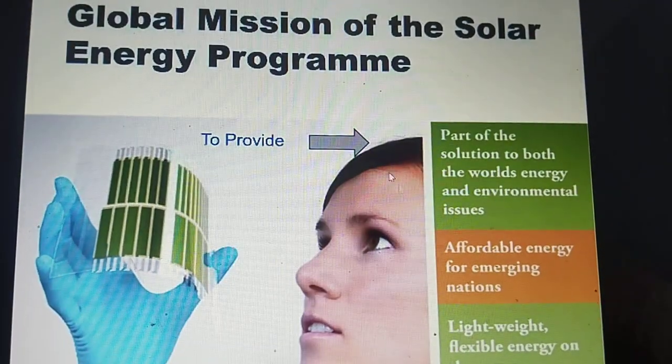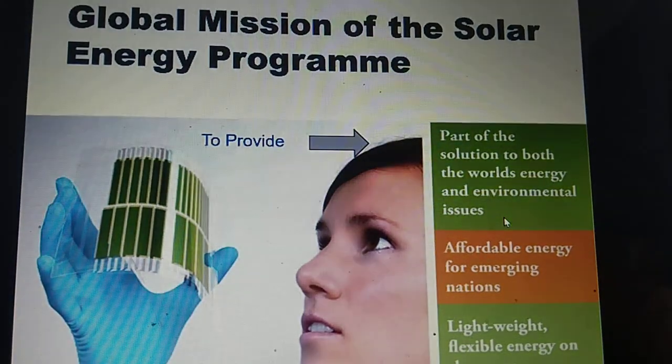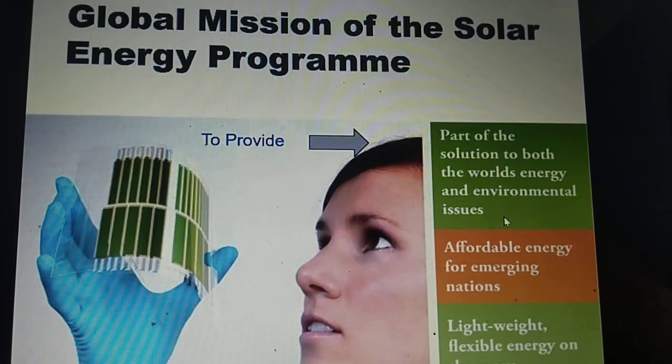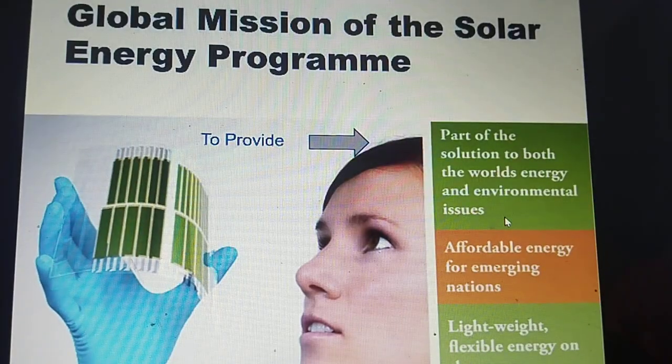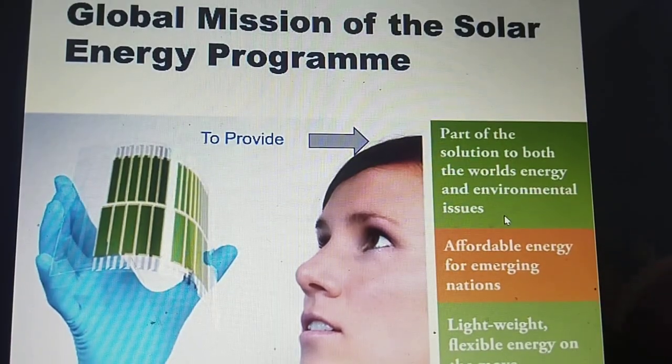Number one, it is focused on being part of the solution to both the Earth's energy and environment problems: to meet the energy demands of the world, as well as to deal with the environmental issues which other types of fuel are creating, which is a great threat to human civilization.